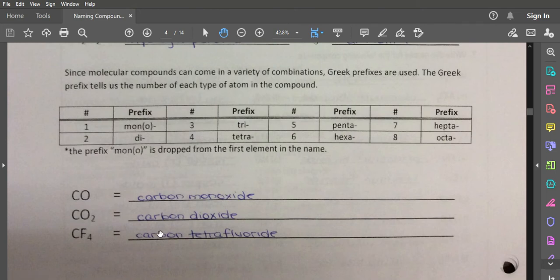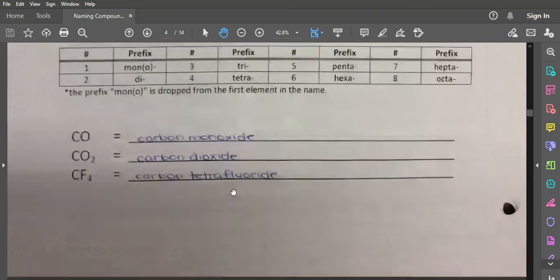Still looking at having a carbon out front, okay. Now we have 4 fluorines. So 4 is tetra, we have a tetrafluoride. So we're still changing everything to ide, right? We're just using new prefixes if we've got a molecule or a covalent.